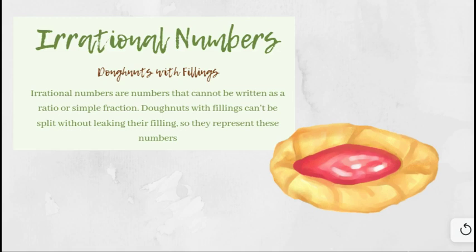If you take a donut with filling and cut it into pieces, all of the filling comes out, which you don't want. So irrational numbers are like donuts with filling because they can't be cut into pieces, just like irrational numbers can't be shown as a fraction, or as a cut up version of a whole number.